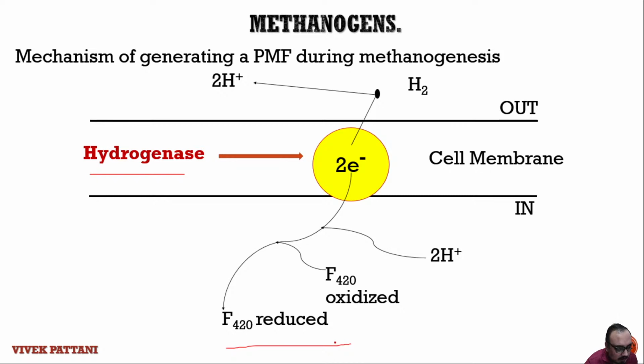You can clearly see F420, where F420 will be converted into reduced F420 and two hydrogens, where two hydrogens pass through the cell membrane and form a hydrogen gradient. This is how proton motive force is generated using ferredoxin carriers or F420 coenzymes.